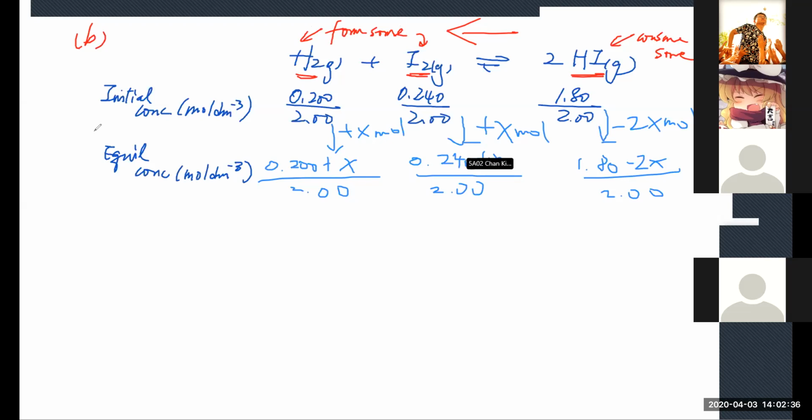So please check the x term or 2x. What is that? Now 2x, it is referring to something which has been consumed, okay? It has consumed 2x moles of HI.